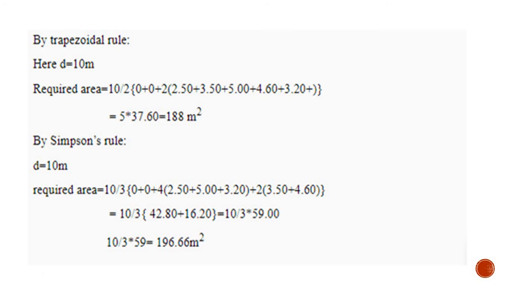So we can calculate 2 into 2.5 plus 3.5 plus 5 plus 4.6 plus 3.2, which is 37.6. So 37.6 multiplied with 5 equals 188 meters square.